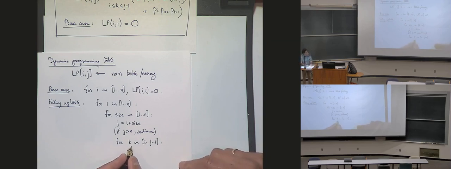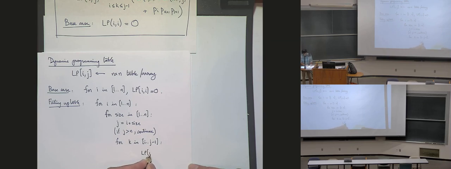So when you do this option, what you get is LP[i][k] plus LP[k+1][j] plus P[i] P[k+1] P[j+1]. Right? That's how many operations you get. So I'll say this is my candidate.